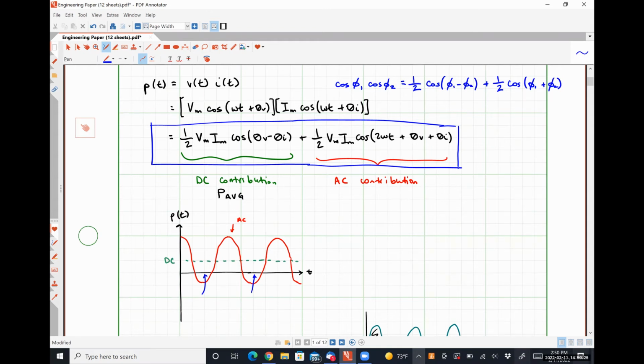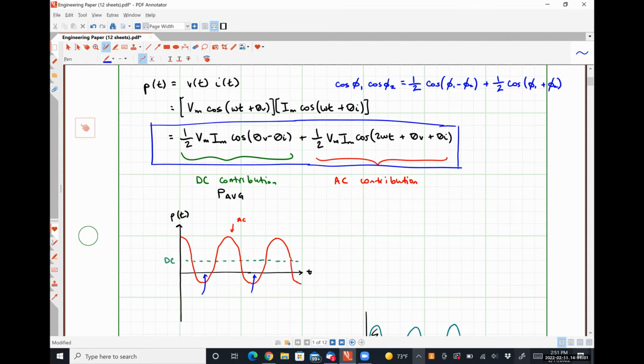Our instantaneous power is a time domain quantity because it depends on whatever value time has to evaluate this, okay? Vm and theta v are the magnitude and phase angle of that sinusoidal voltage, v(t), but they're also the magnitude and phase angle of the phasor voltage, or the phasor representation of that sinusoidal voltage.